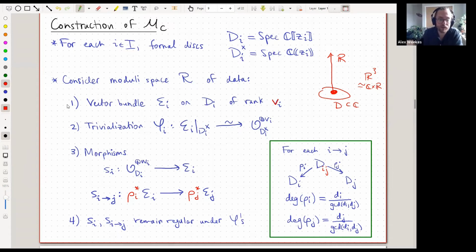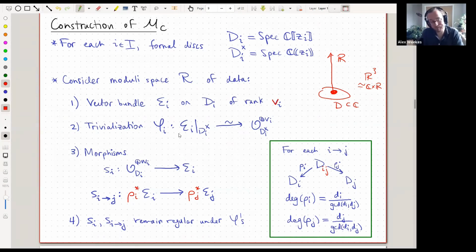So if you take 1 and 2 together, what we're getting is a point in the product of affine Grassmannians, the product of GR GL VI. That's maybe one way to think about this. This is just a point of the affine Grassmannian, but written in terms of vector bundles.